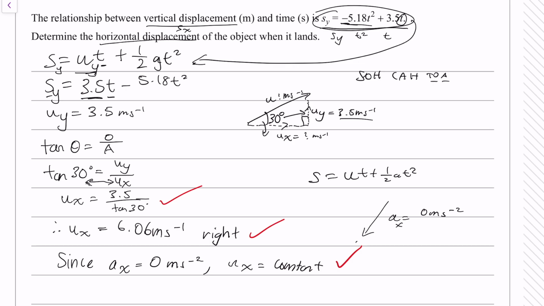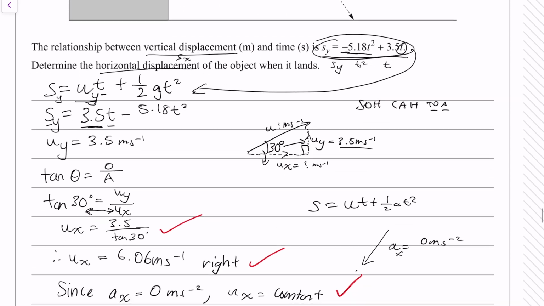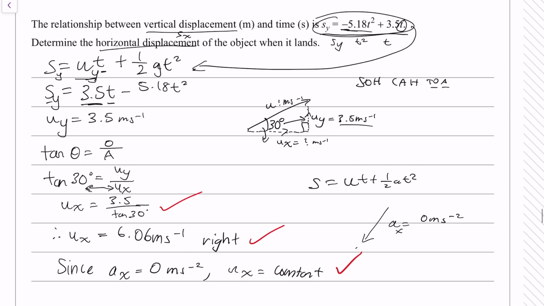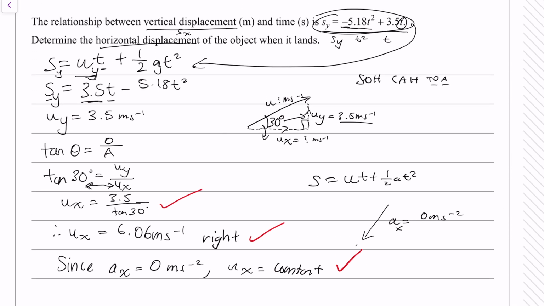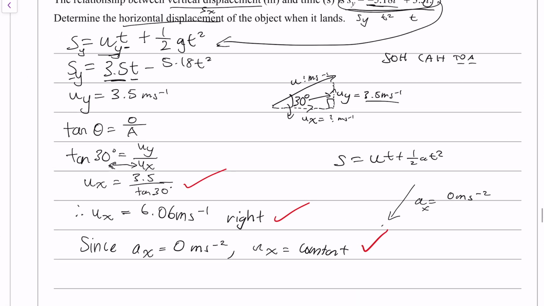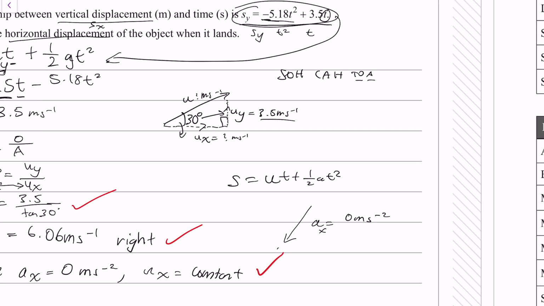Okay, so I thought that was an interesting mark they gave, but it's really just about showing full working out. If you have your formula such as s equals ut plus half at squared, you can notice that when a is equal to 0, because if we're talking about the x components now, then that means we just get rid of this part of the equation.